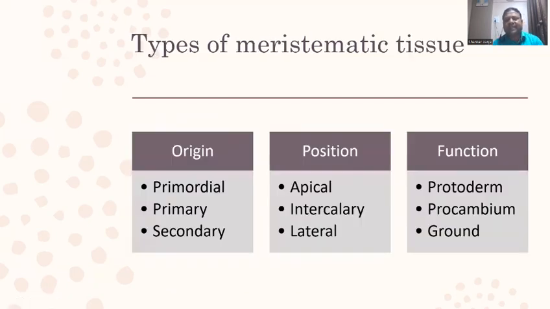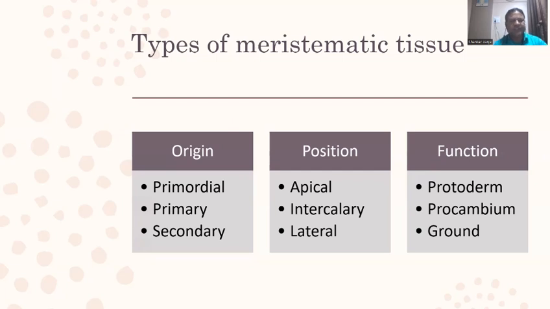The types of meristematic tissue on the basis of origin, position, and function. As in the embryonic region, it is present, that is called primordial meristem. Then primary meristem and secondary meristem.